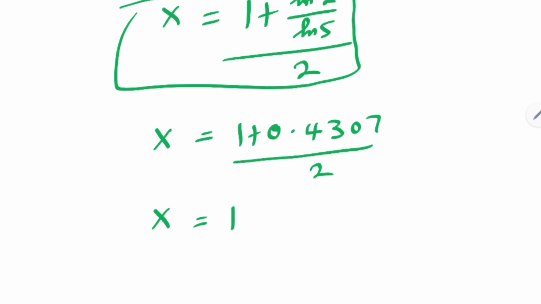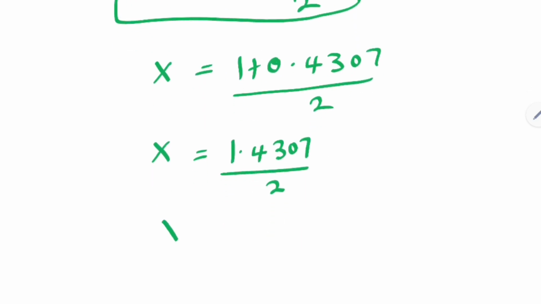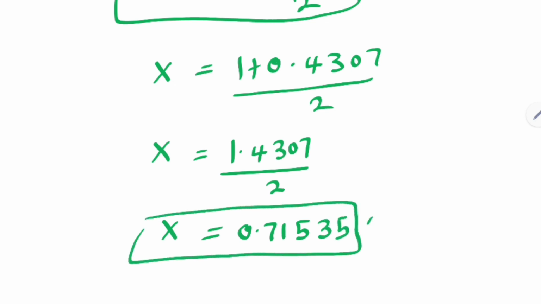That is 1.4307 over 2. Then x is equal to 0.71535. This is the value of x if you want to use your calculator.